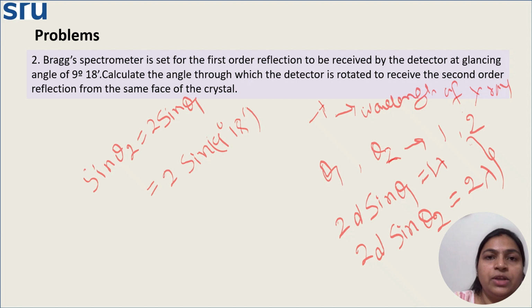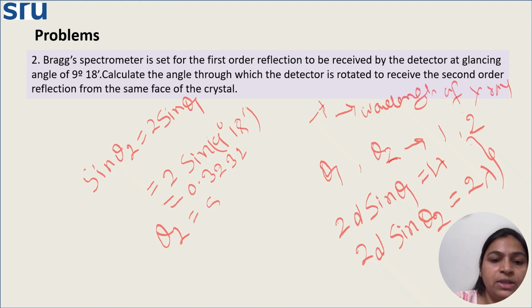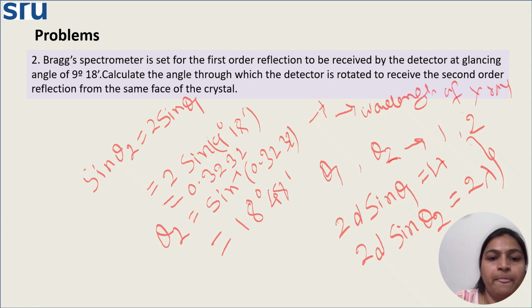Simplifying, theta 2 is equal to sine inverse of 2 sine 9 degrees 18 minutes. This is equal to sine inverse of 0.3232, which is 18 degrees 14 minutes.